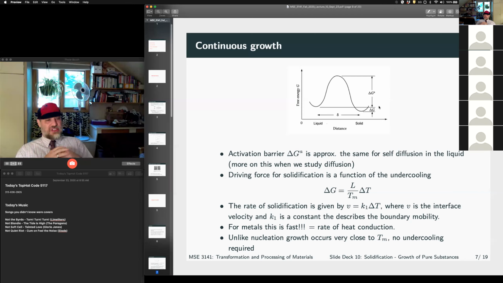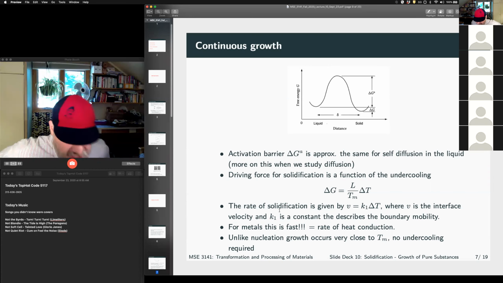So a small number of nuclei are going to mean large grains. If we have a larger undercooling where nucleation is easier, or we have really easy heterogeneous nucleation and we have lots of nuclei, that means we're going to have lots of very small grains, lots of very small crystallites. Right? So that's an important concept that's going to come back.